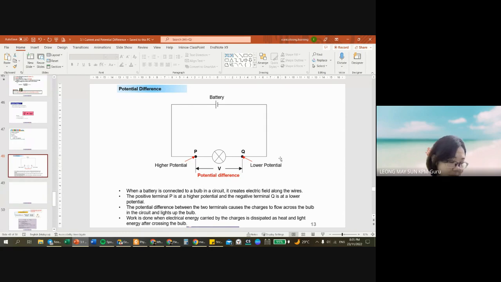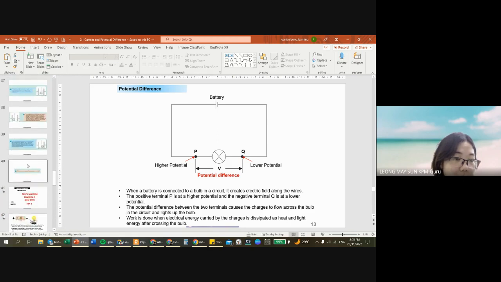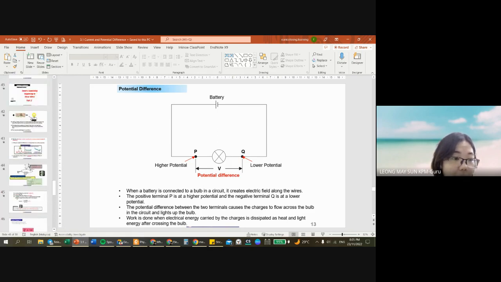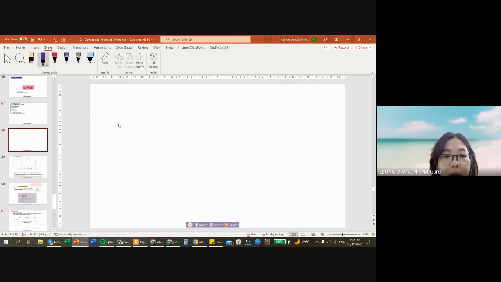So when we talk about electric potential, we previously learned about electric field strength. So I'm gonna show a little bit over here right now. Let's talk about water stream first.